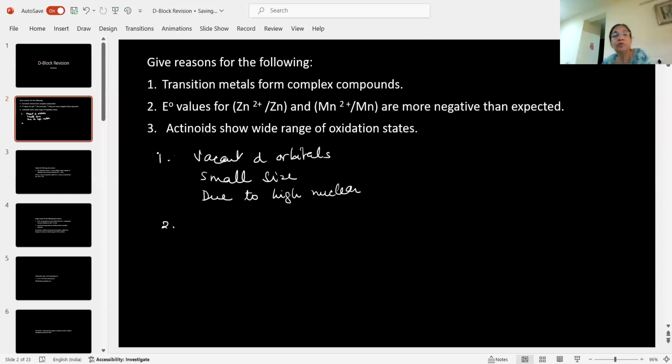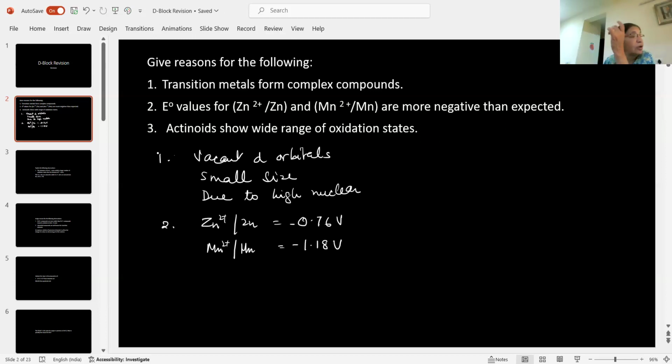Now, E0 values of Zn2+ to Zn and Mn2+ to Mn are more negative than expected. Zn2+ to Zn is negative 0.76 volts, and Mn2+ to Mn is minus 1.18 volts. So they are more negative than expected.